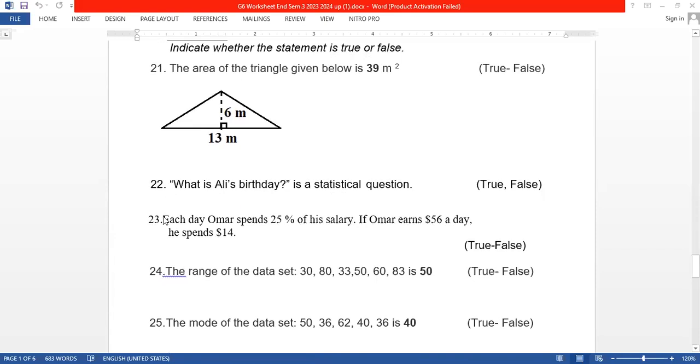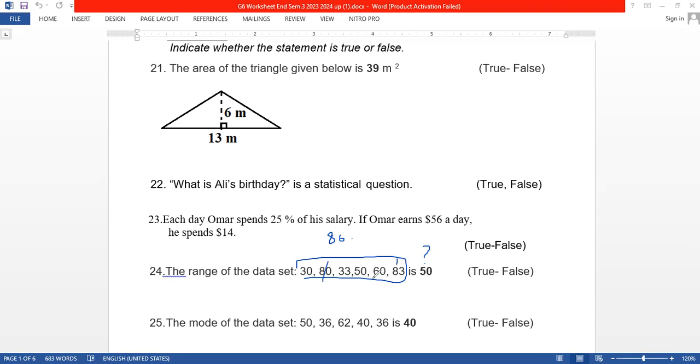The range of the data set, as you remember, I mentioned the range is the highest minus the lowest. He asked me, is the range for these data values 50? The greatest value is 80. So 80 minus the lowest value. Let me check. Oh, we have 83.